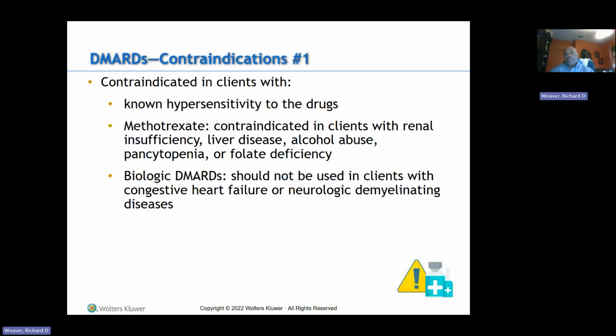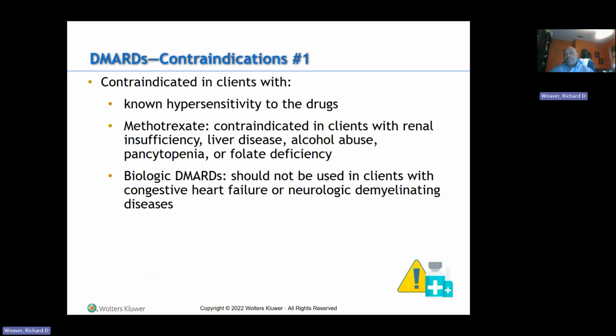For example, methotrexate, as we know, is a DMARD drug, and it actually suppresses the immune system, because remember, an autoimmune disorder is the body fighting against itself, so we're trying to suppress that autoimmune activity. Because it does suppress the immune system, it should not be given to patients with pancytopenia.